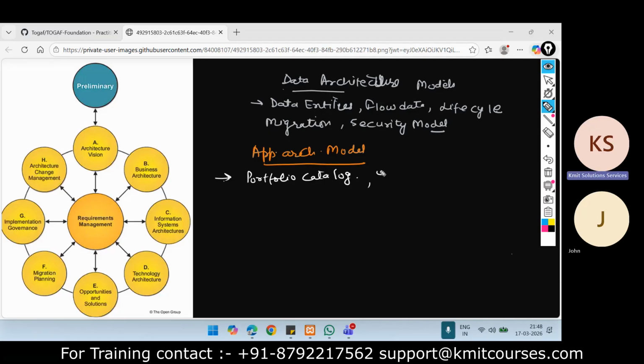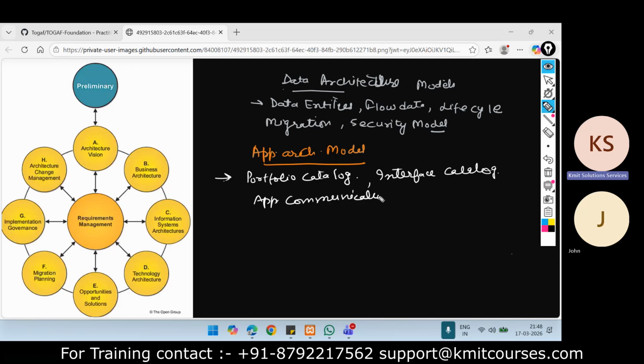We are having the interface catalog, application communication diagrams, how one application is related to another application.